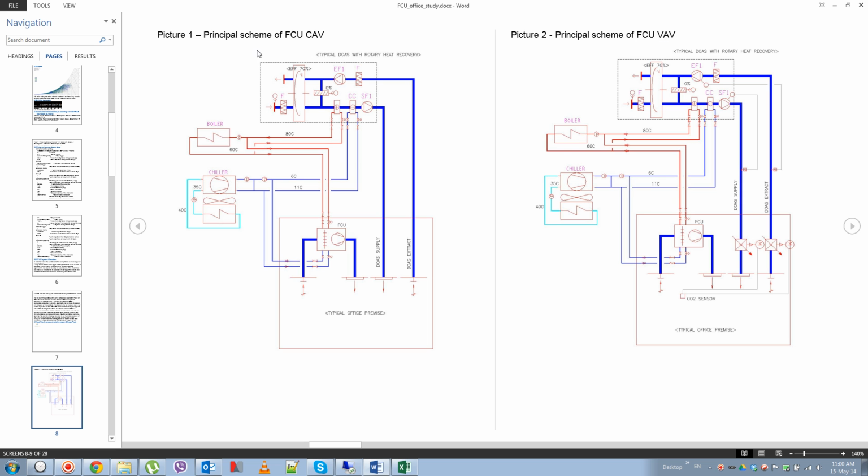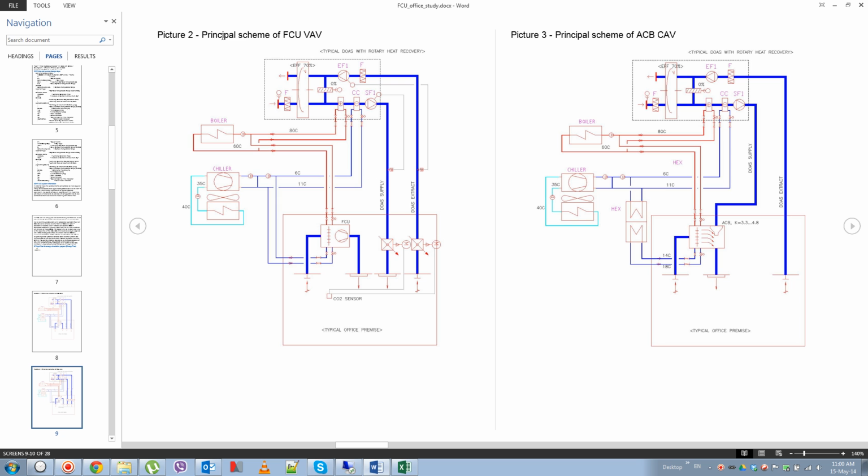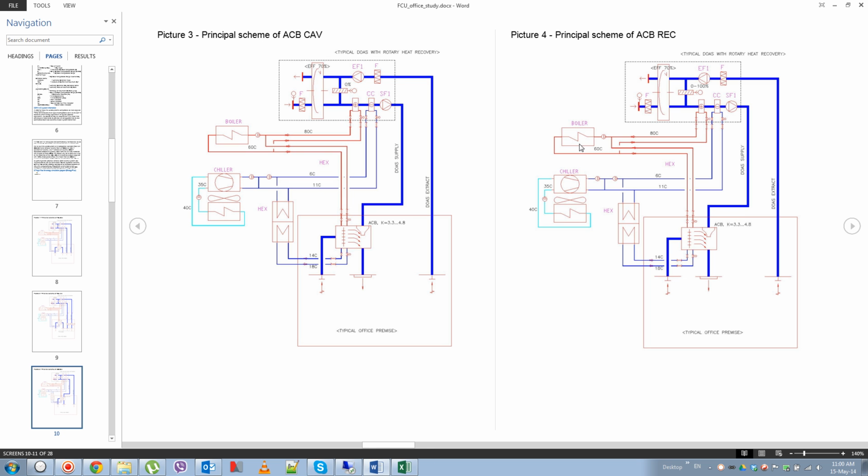So FCU CAV, where FCU means fan coil unit and CAV constant air volume, and VAV variable air volume with variable terminals. Active chilled beam CAV and active chilled beam in VAV, which we call recirculation, where a damper modulates the amount of fresh air.